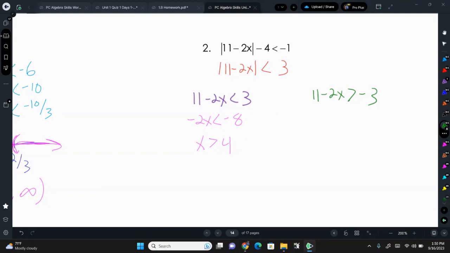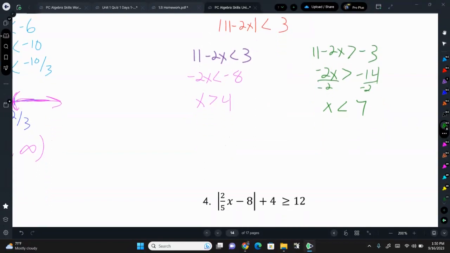Then for the green one, subtract 11 from both sides, we get negative 2x is greater than negative 14. Divide both sides by negative 2, x is less than positive 7. Because remember, when you divide by a negative number, you flip the inequality sign.